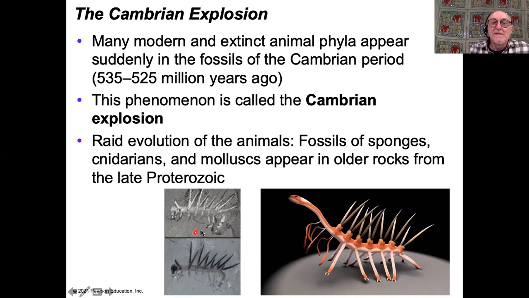But here's a reconstruction of a totally bizarre looking form, unclear exactly what it is. Some people think it was a primitive arthropod. Other people say no, it's actually an echinoderm related to the sea cucumbers. It's very unclear because it's such a bizarre kind of form, and it's not alone.